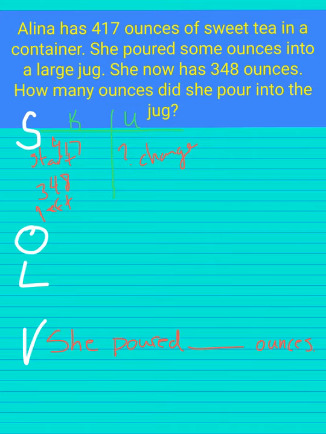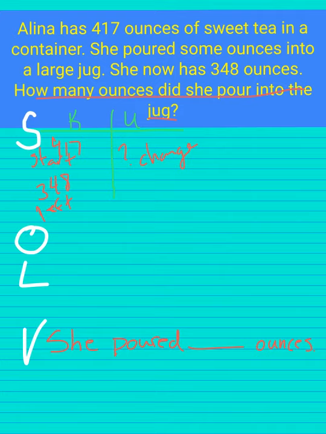So let's take a look at our question. How many ounces did she pour into the jug? This time we're not looking for how many ounces she had left. We're looking for the change. How many did she pour out? What caused this to change? So notice the difference in the verify statement. She poured unknown ounces. It's not about how many ounces she has left.